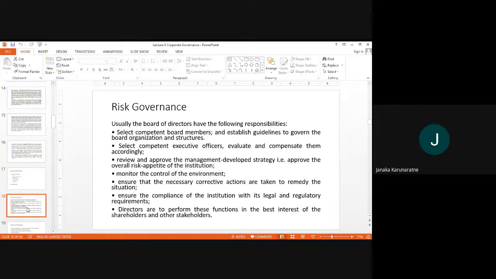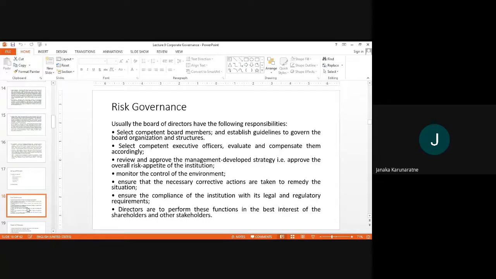So the board should be competent enough to carry out the tasks assigned to them. They should be knowledgeable. Any organization, anywhere in the world, when you don't have competent people at top levels, it will lead to problems. So in a financial institution, given the nature of risk, the board must be adequately competent in many aspects.